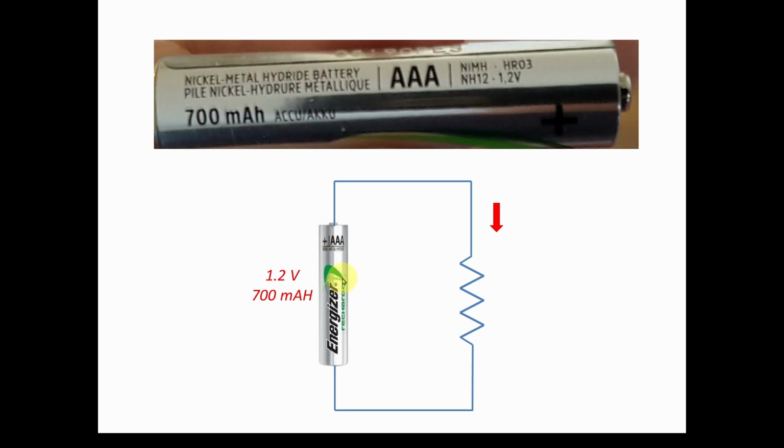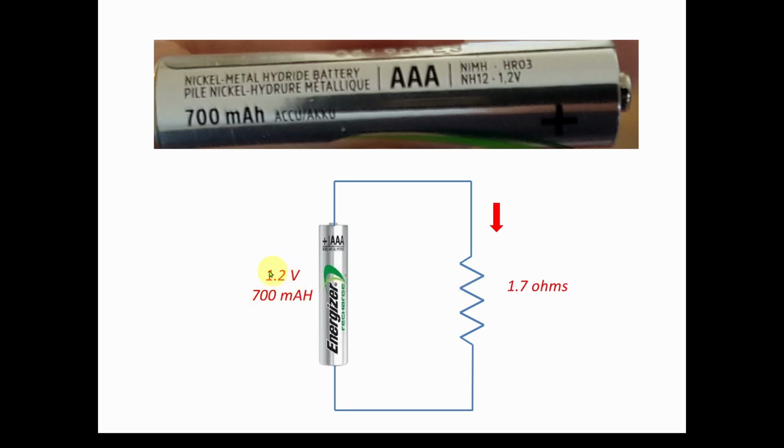So what does that mean? Well, let's say I hook up a load across this battery. If you look at these numbers, you might think it's always going to give me 1.2 volts across this load, and it's going to produce 700 milliamps for 1 hour. Well, keep in mind that those are nominal numbers.